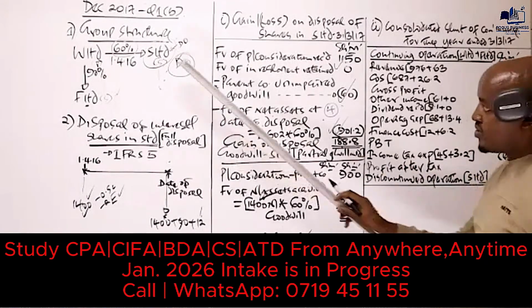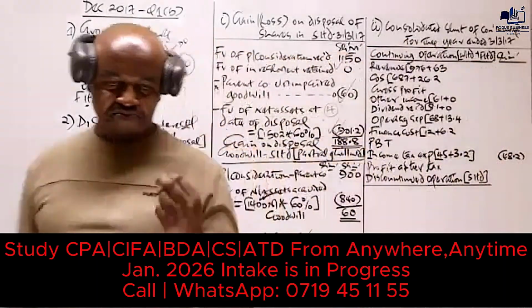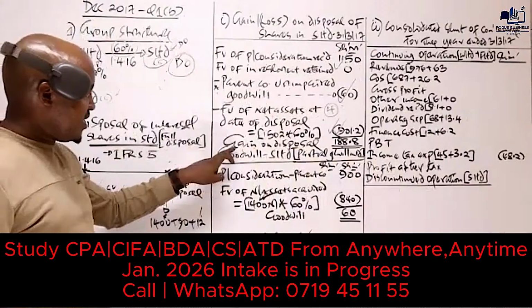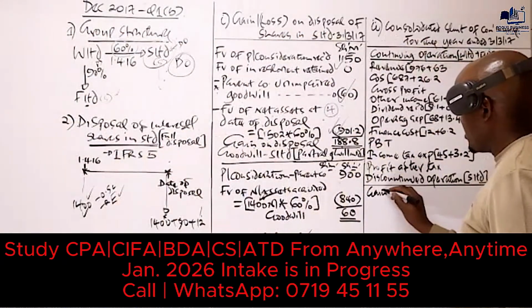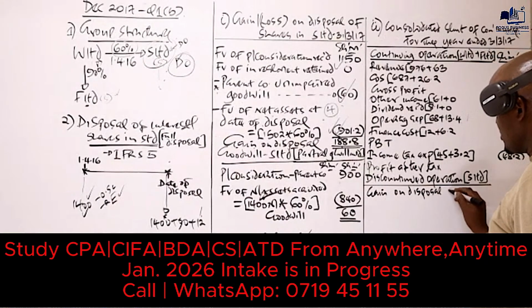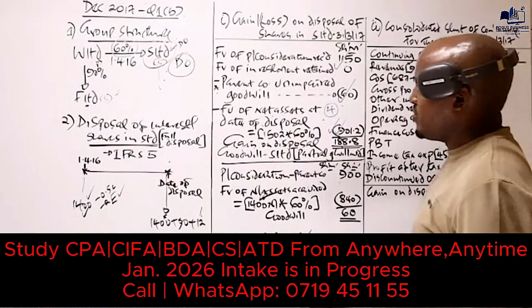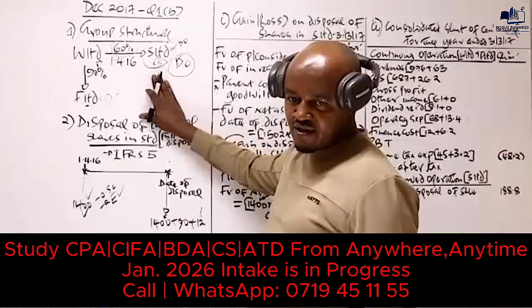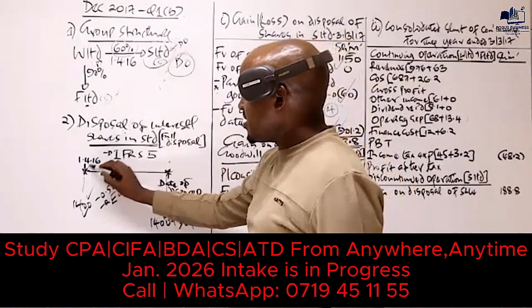So this is a component of the group which has been disposed of. How many items do we consider here? Two. One, we have the gain on disposal of our shares. So how much is it? It is 188.8. And then from there, we will go to the income statement of this. Take into account the parent company owned this particular subsidiary for the whole year.